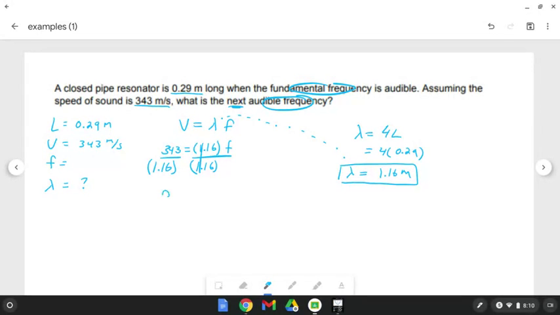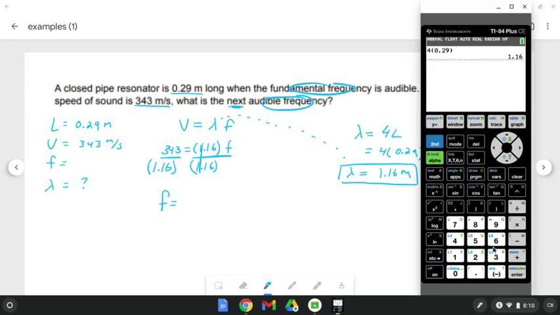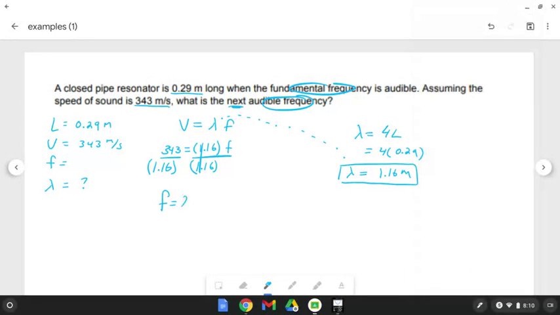These cancel, and this leaves us with our fundamental frequency: 343 divided by 1.16, which is 295.69 hertz. Okay, this is still not the answer. This would just be our fundamental frequency.